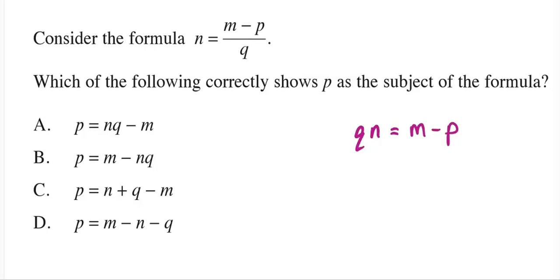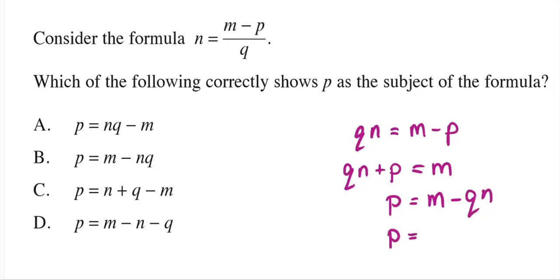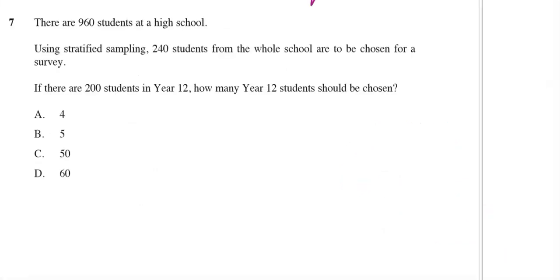I will add p to both sides. qn plus p equals m, and now I'll subtract qn from both sides. p equals m minus qn. I might see it looking like p equals m minus nq. That's the same thing. So my answer is B.